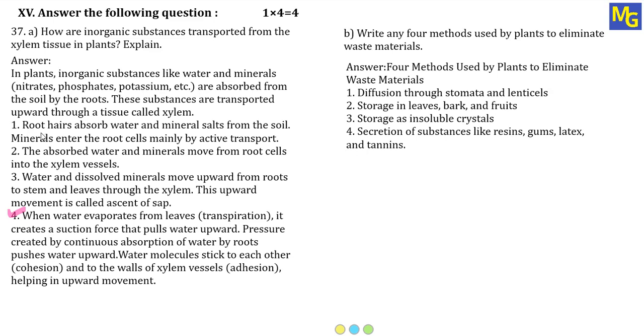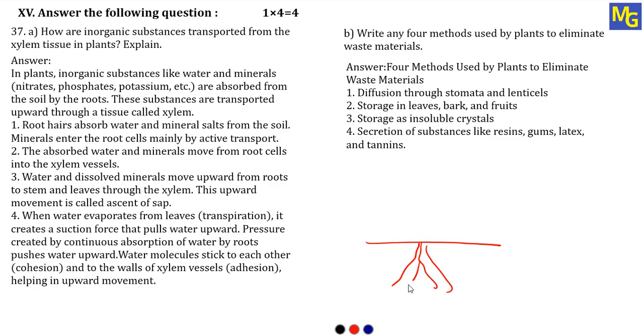So see the first point, root hairs absorb water and minerals from the soil. Minerals enter the root cells mainly by active transport. So as we all know, roots will be present below the soil.